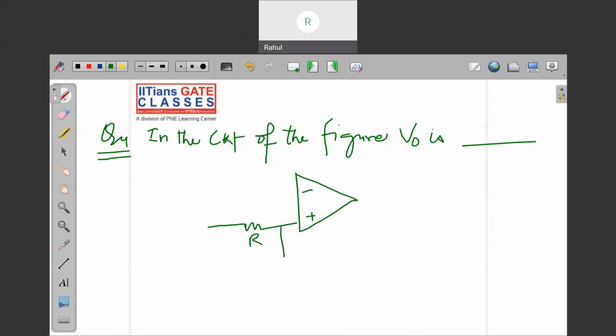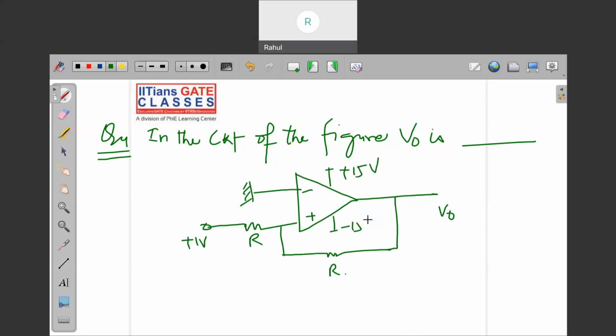There is R, there is R, there is V naught, and this terminal is grounded. The input here is plus 1 volt, and the supplies are plus 15 volt and minus 15 volt.